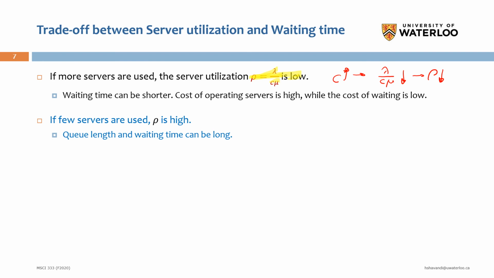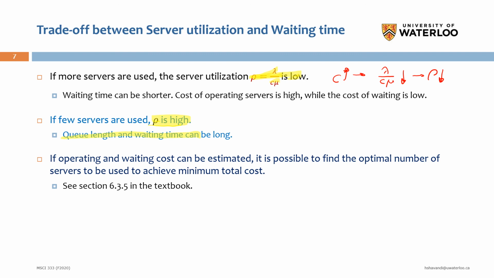But if we decrease the number of servers, then rho will be higher, but the queue length and waiting time can be long. So as you see here, we need some kind of optimization. What will be the optimal number of servers?